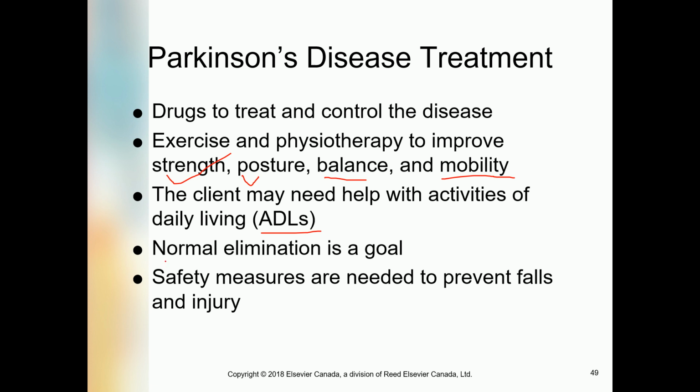Normal elimination means they leak bowel and bladder. They use the diaper. We do not say diaper, we say briefs or pull-ups. We have to teach, we have to schedule the toilet going habit for them. The bowel movement and bladder movement are the normal elimination goal we have to set.